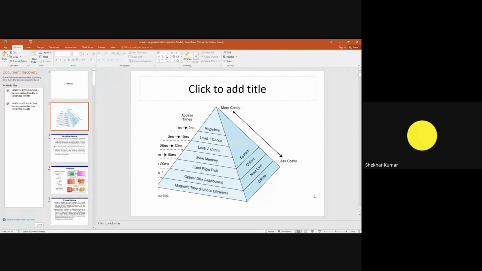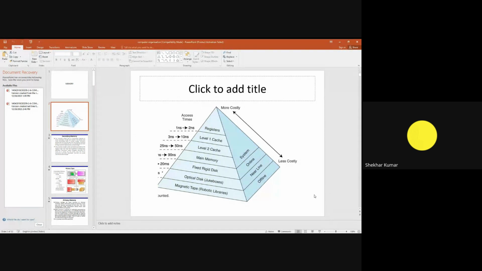Actually, the goal of the system is to reduce the time complexity as well as the space complexity. So we want to minimize the access time.